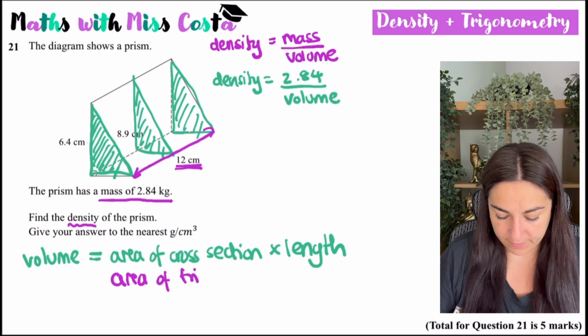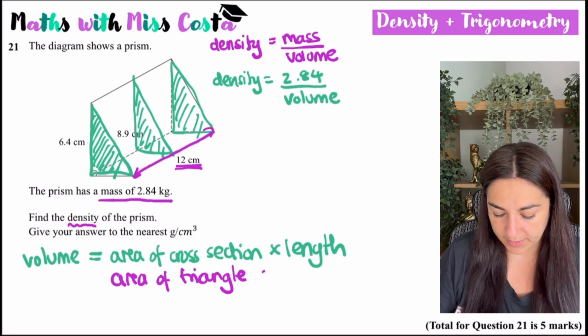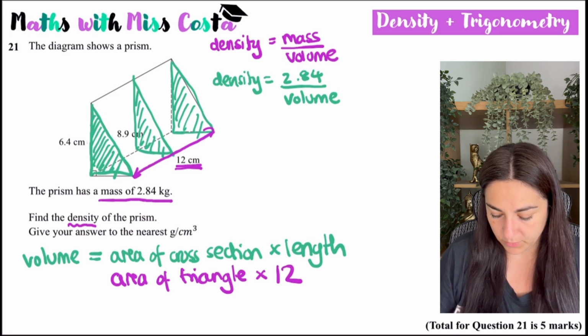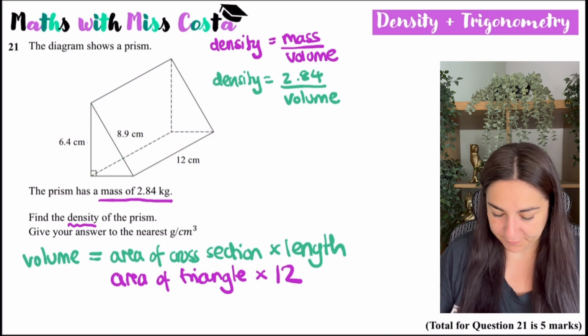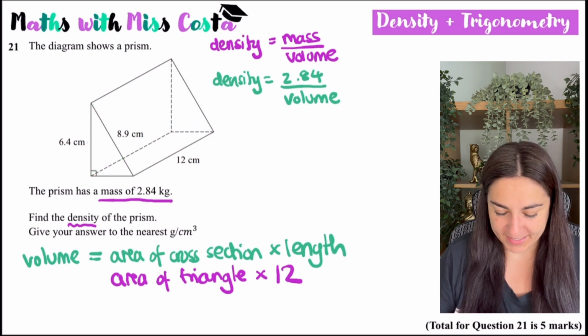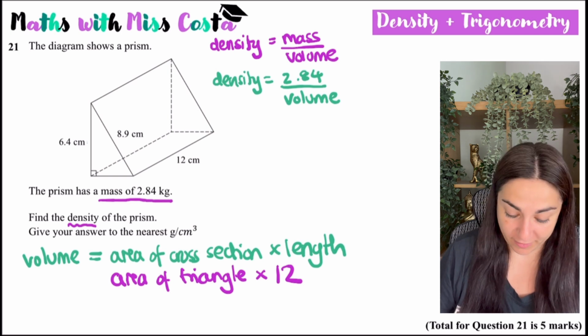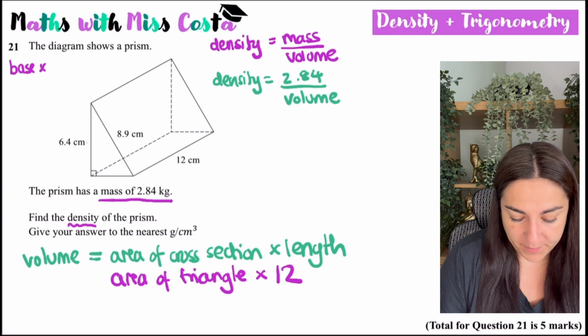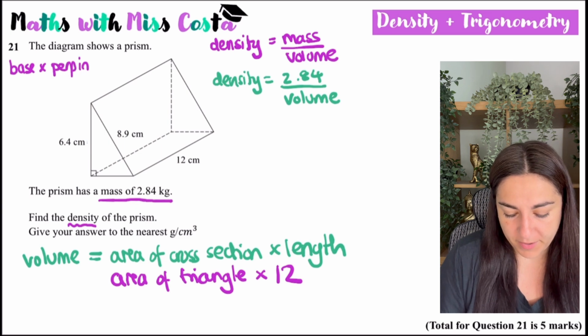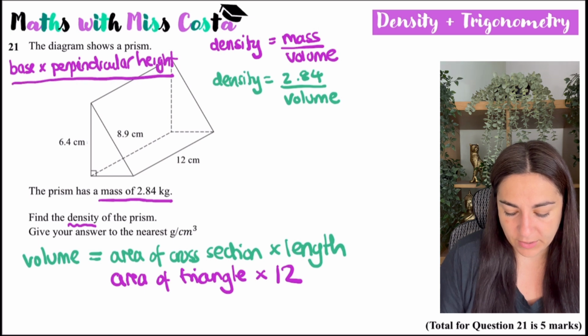So for this prism, it's a triangle, so I'm going to need to do area of the triangle times by 12. Now, obviously this is a 5-mark question, so it's going to be a little bit trickier than just working out the area of a triangle. How do you work out the area of a triangle? You need to work out the base times by the perpendicular height, and then you divide by 2.